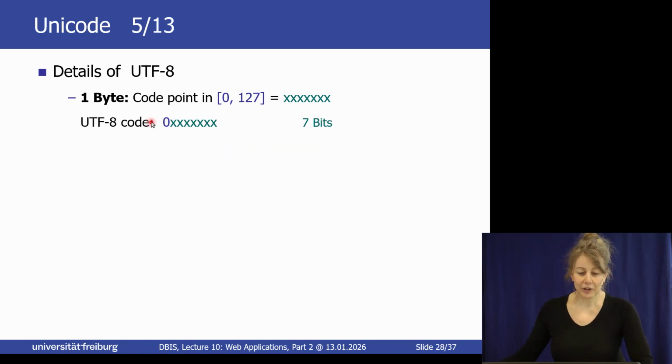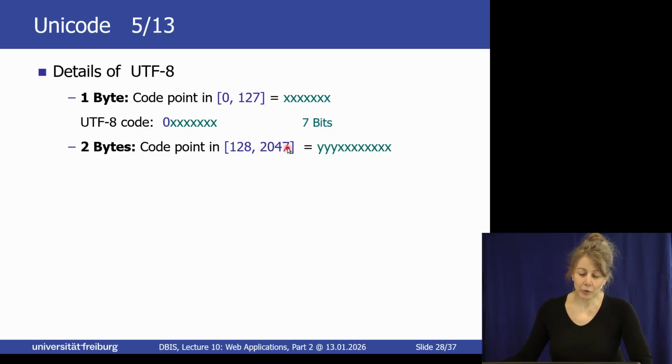And then the UTF-8 code is just 0. So the 0 says this is a 1-byte UTF-8 character, and then the 7 bits. Now let's assume up to this number, this 11, right? 2 to the 10 is 1024, 2 to the 11 is 2048, you know that.